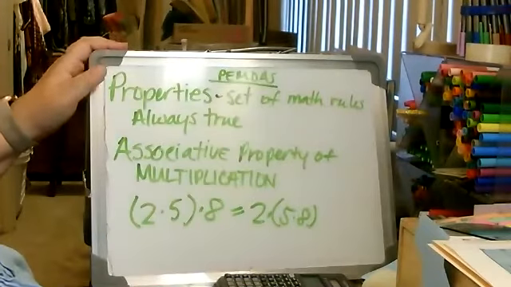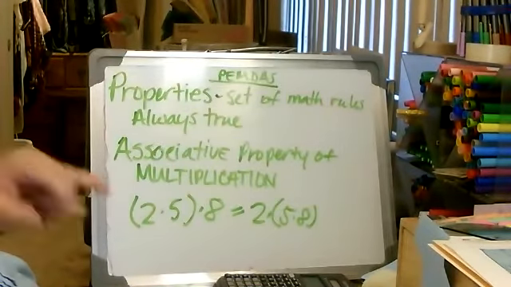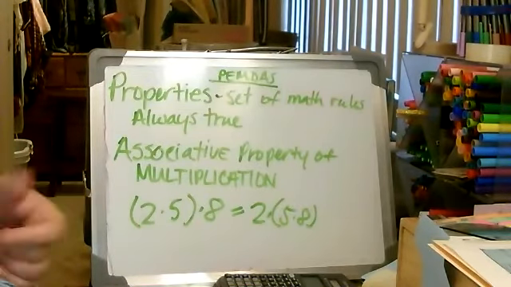So it's saying that when multiplying three different numbers, you can change the order that you multiply by moving the parentheses, and the answer will still be the same.